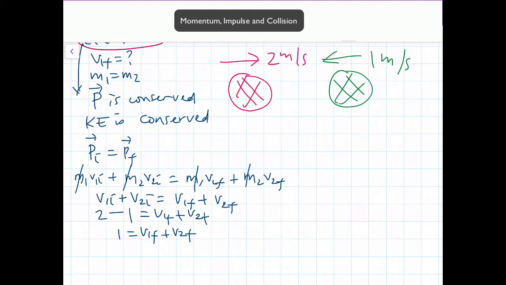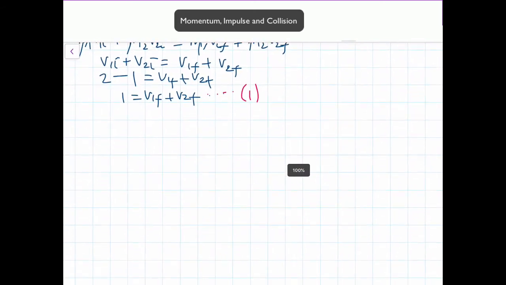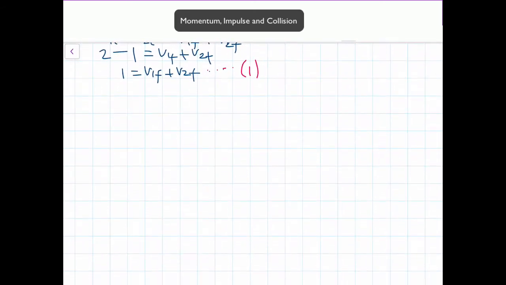What you have here is just one equation with two variables. Mathematically you cannot solve it. So what are you going to do? Well, look for another equation. Where am I going to get the other equation? The other equation has to come from the conservation of kinetic energy. It means kinetic energy initial equals kinetic energy final.